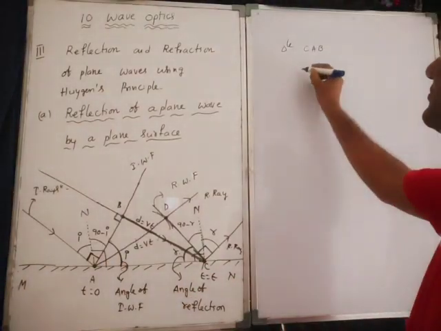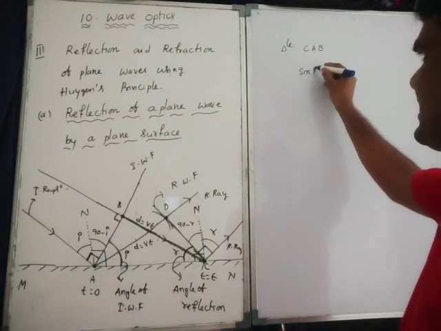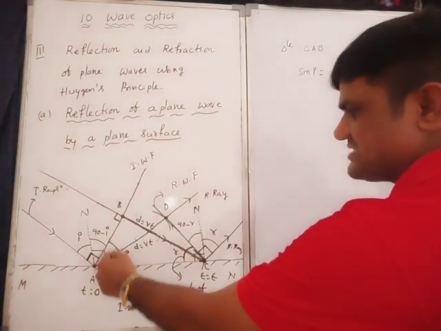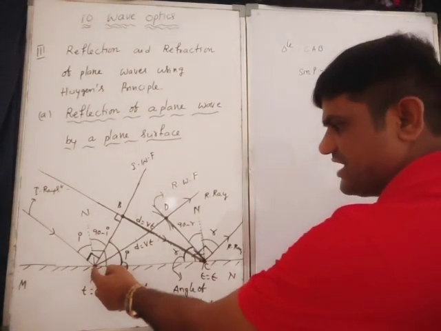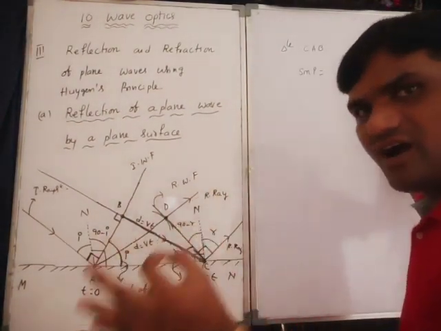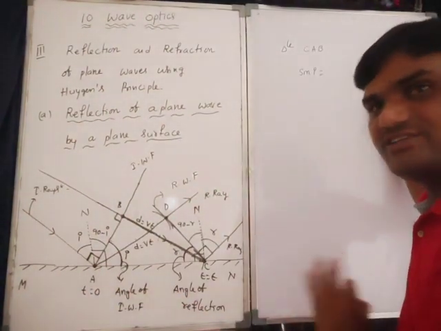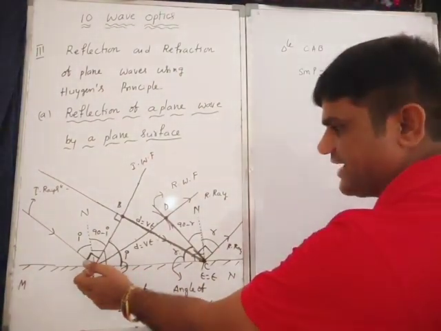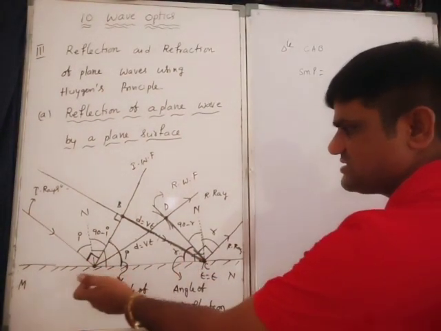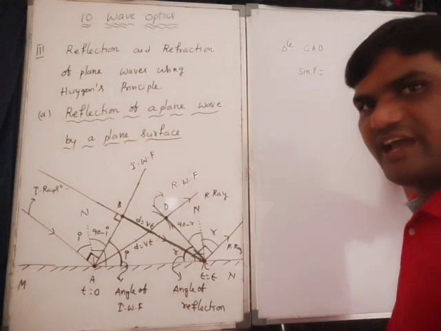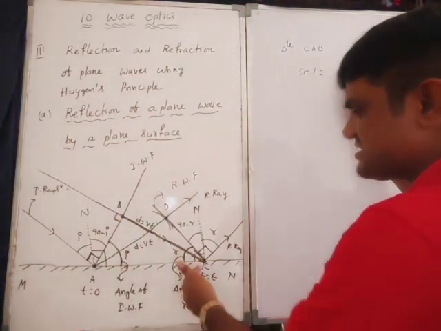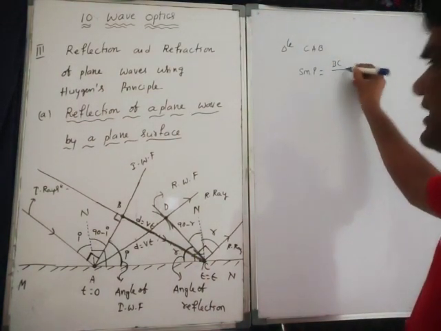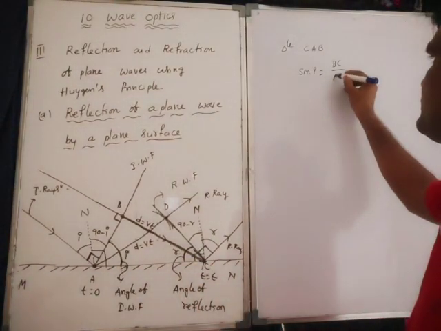Here sin I is equal to, with respect to this angle, opposite side by hypotenuse. Remember, AC is the common hypotenuse with respect to triangle ABC as well as ADC. So sin I is equal to BC divided by AC.